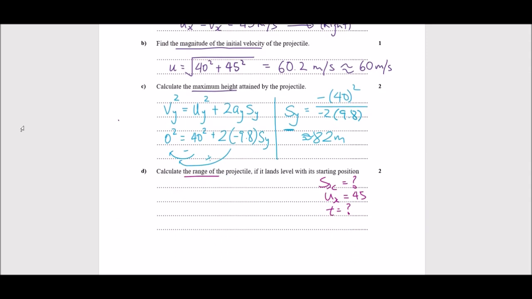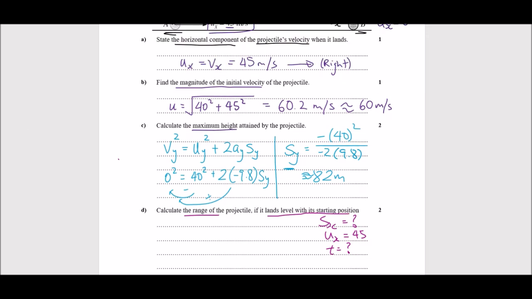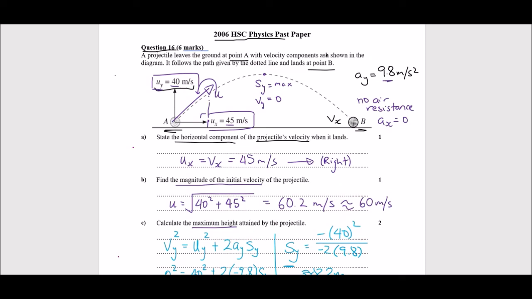Now, a little assumption that we can make, because it's landing at the same height as its starting position, is that the time it takes for it to get up to this point, we can call it T, because that is where the y velocity is equal to 0. We also know when it lands again, that y velocity is also equal to 0.